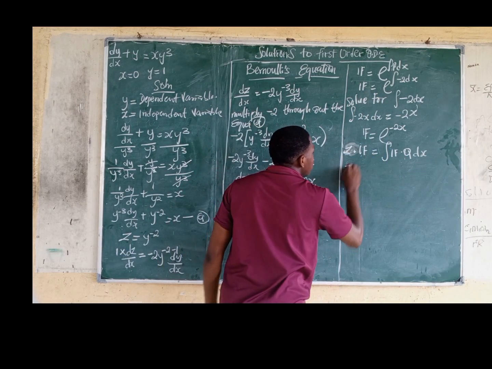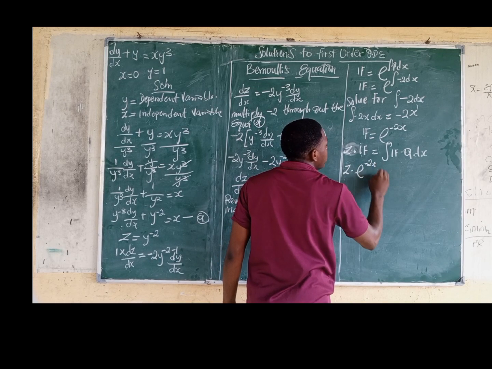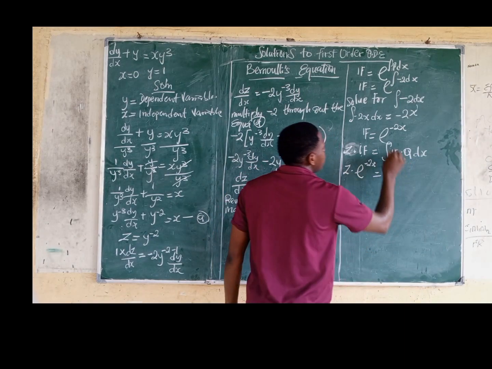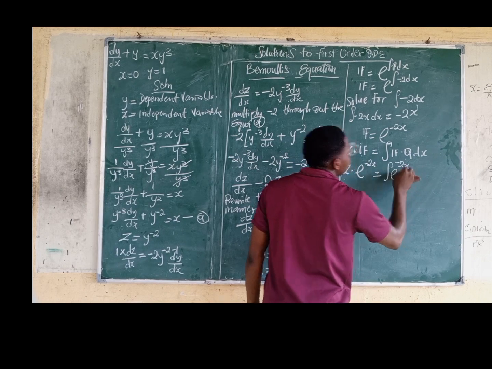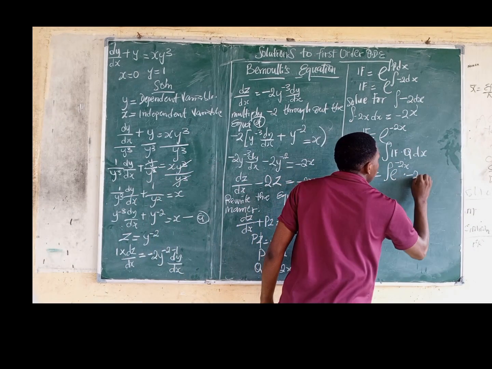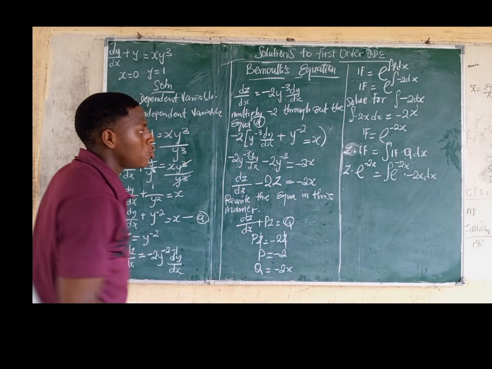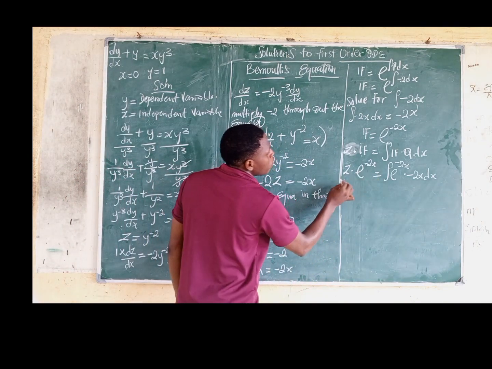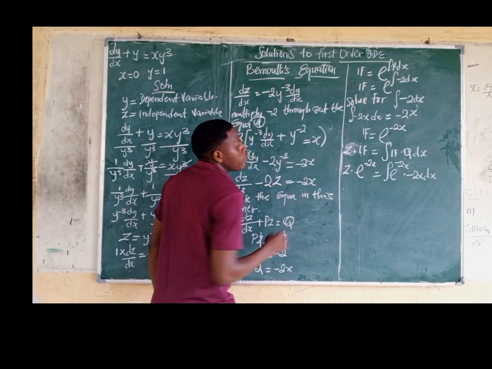So you will have z dot exponential minus 2x, and this is equal to the integral of, what is our IF? Exponential minus 2x dot, what is our q? Minus 2x dx. What do you do next? The next thing is, look at this side of the equation. It's already simplified. So can we simplify this the way we've simplified this?